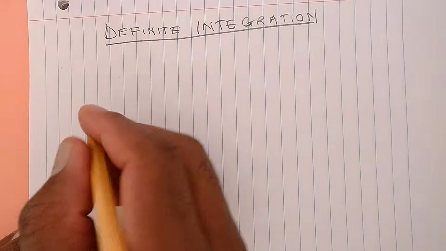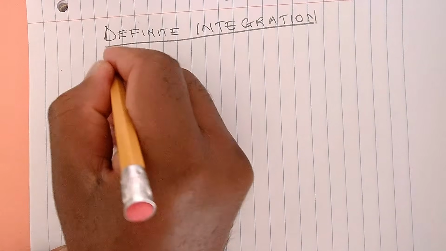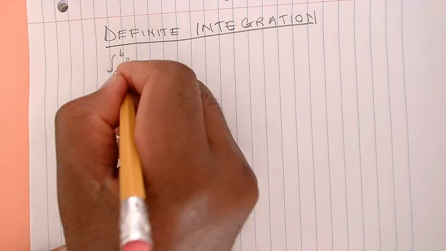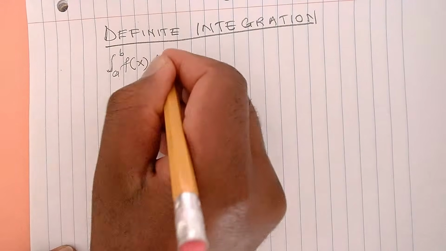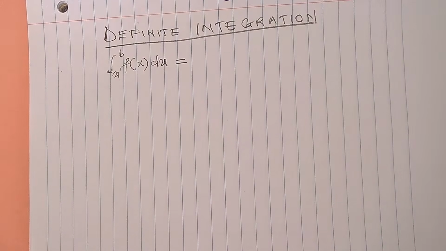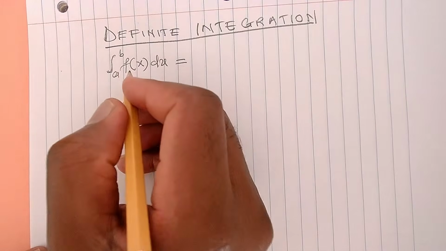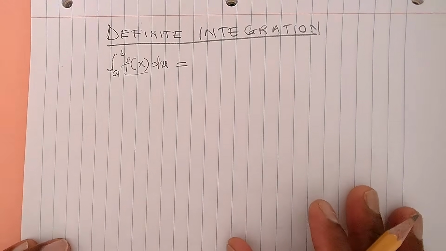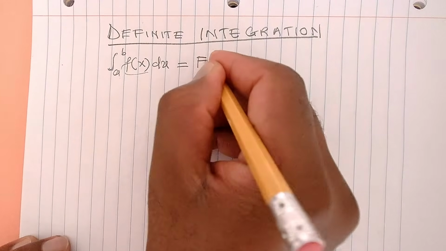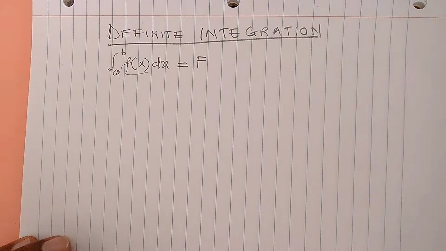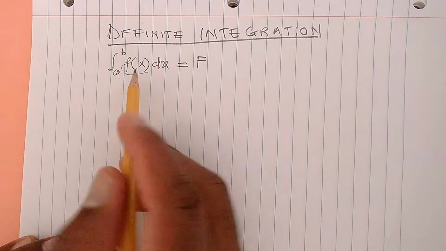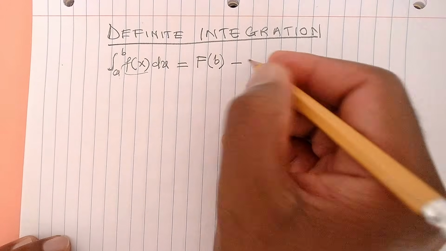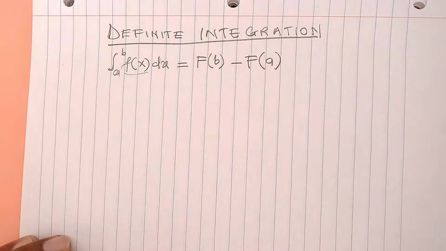If I give you the integral from a to b of f of x with respect to x, this is just the same as you find the antiderivative of f of x, which I can write with a capital letter, say F. If the antiderivative of f of x is F, we're going to evaluate F at b, then subtract F at a.